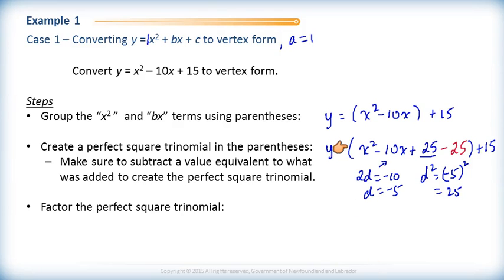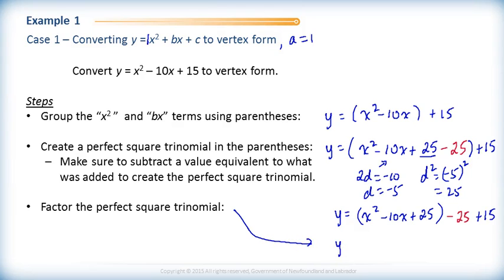Now, because there's nothing multiplied in front of these brackets, I can arbitrarily, or choose to, move the bracket over to here. Therefore, the last step is to factor the perfect square trinomial. Remember, the factors are of the form x plus d squared.